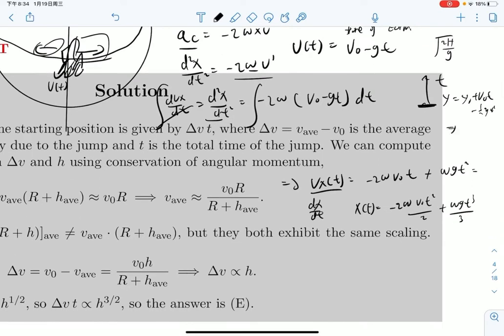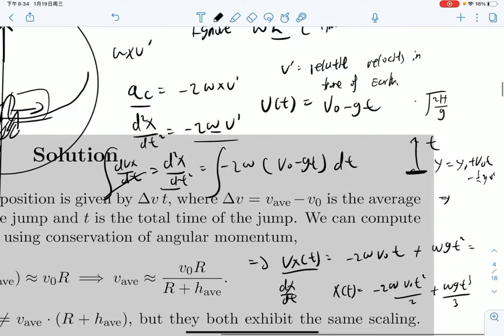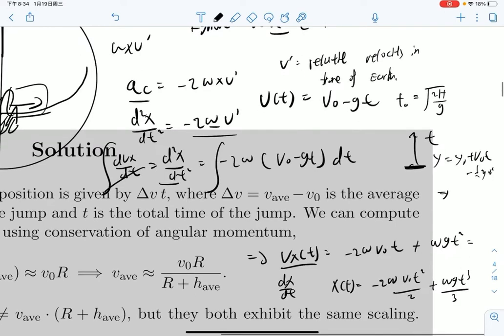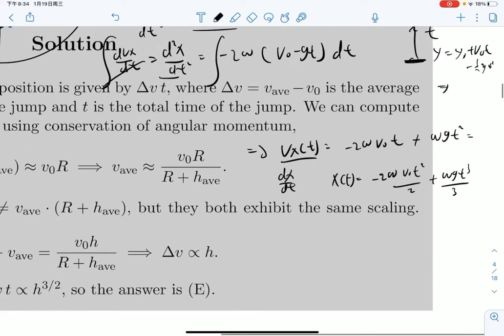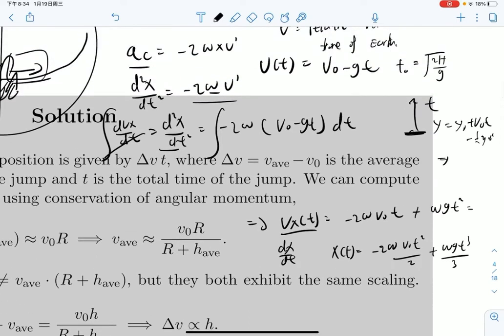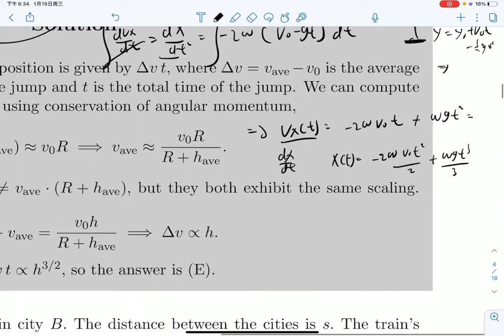And this one is equal to t0. Wait, is that correct? Okay, that's fine.